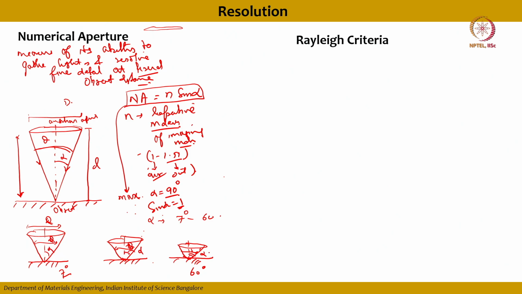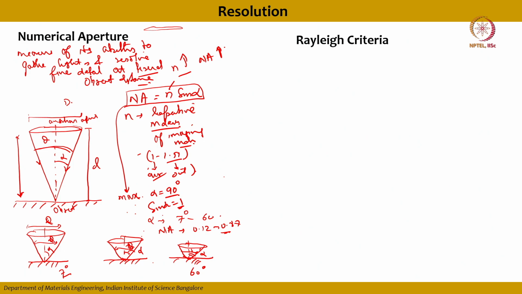Okay. So as alpha changes from 7 to 60 degrees, your numerical aperture changes, assuming it is in air, from 0.12 to 0.87. Okay. So from this formula, if n is high, your NA also will be high. If the refractive index of the medium is high, then NA also will be high.